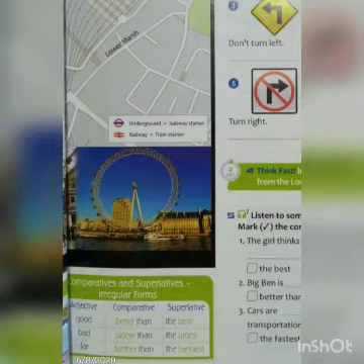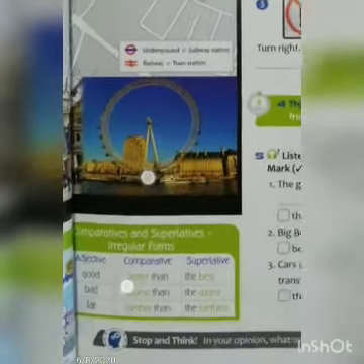Good, better than, the best. Bad, worse, the worst. Far, farther than, the farthest. It's better to use these forms.